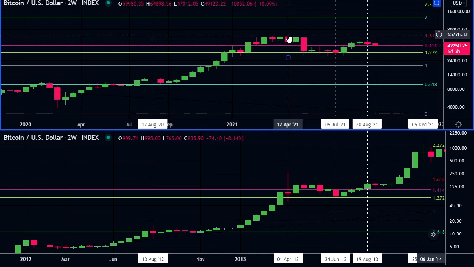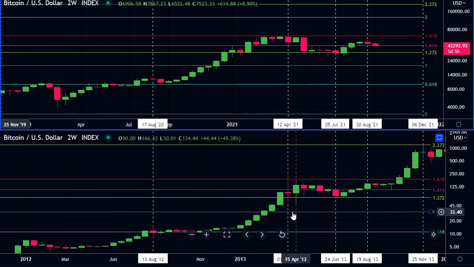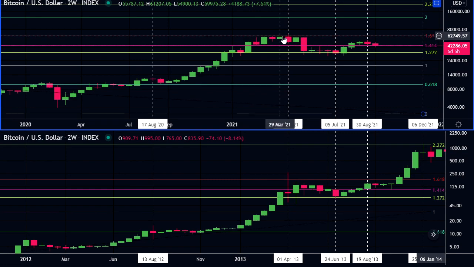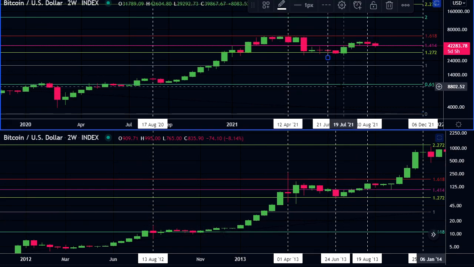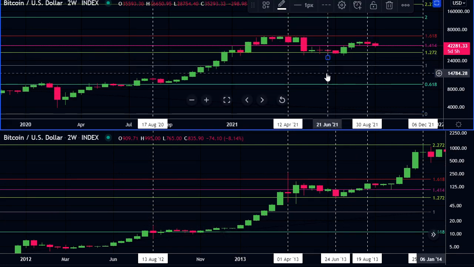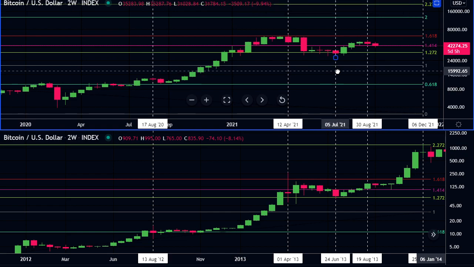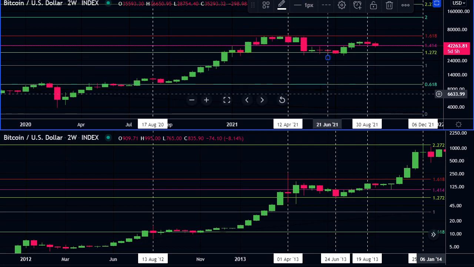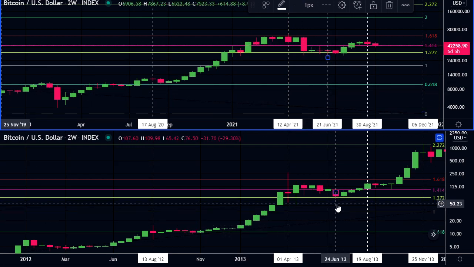We also see this peak was that 65k peak, and it also lines up with this peak in 2013, which was the mid-cycle peak. And then we did come down and see this low that we made at 29k. That was the low in the current cycle in the mid-cycle pullback, and the low was just one candle to the right of that.